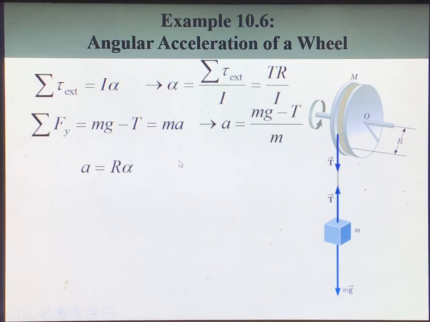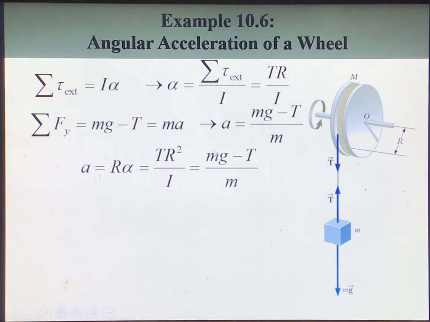Now we know that the tangential acceleration is related to the angular acceleration by this equation right here. If you substitute my alpha from equation number 1, it means that T times r squared over I must equal this acceleration.